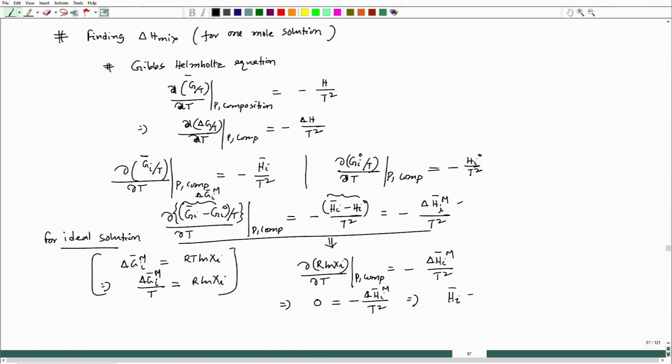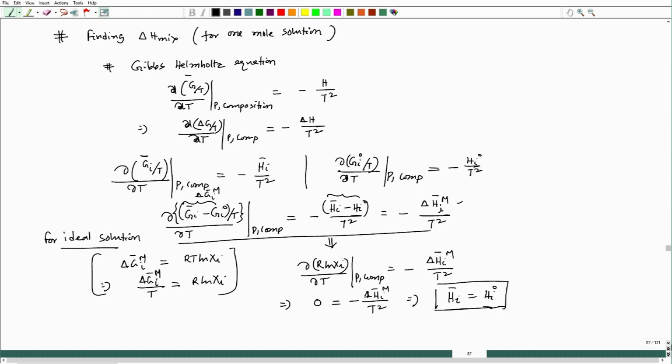It means that when we mix a component from pure condition into a solution at a fixed temperature and pressure, we do not get any enthalpy contribution. So, the enthalpy change due to solution formation for any component is 0 or nil.